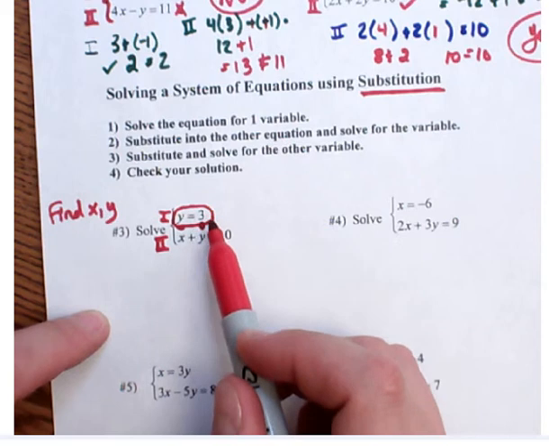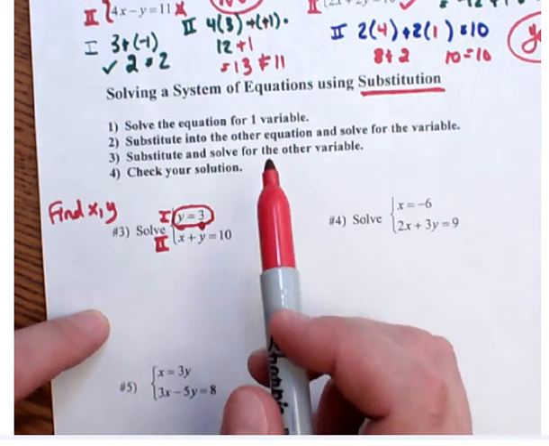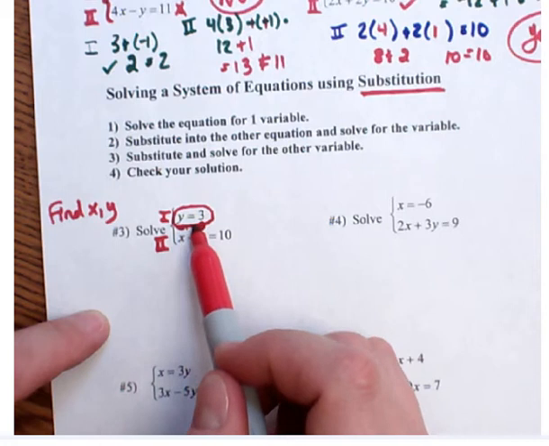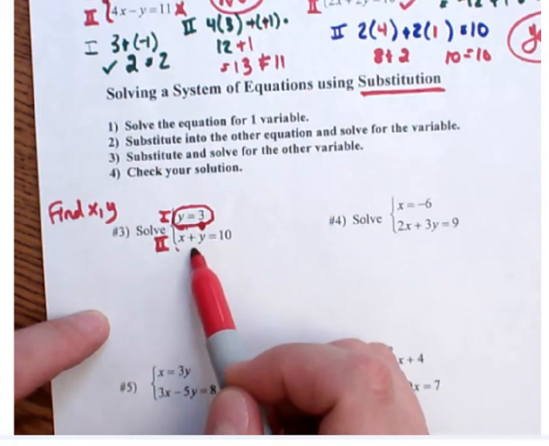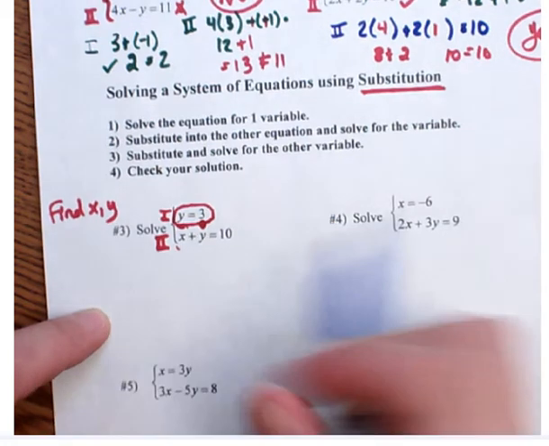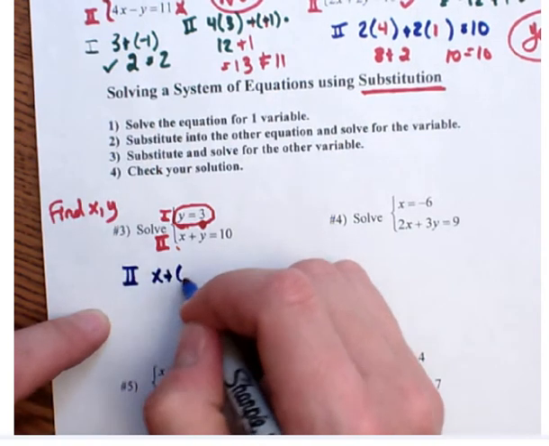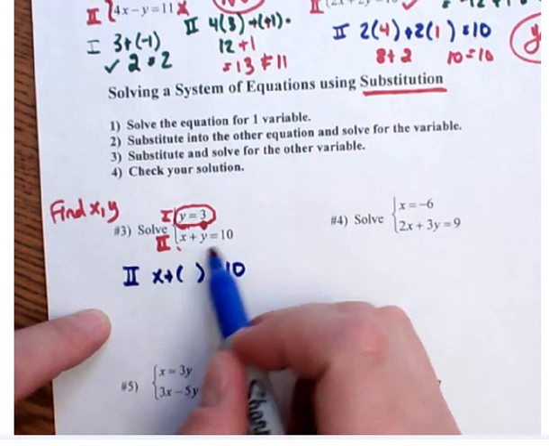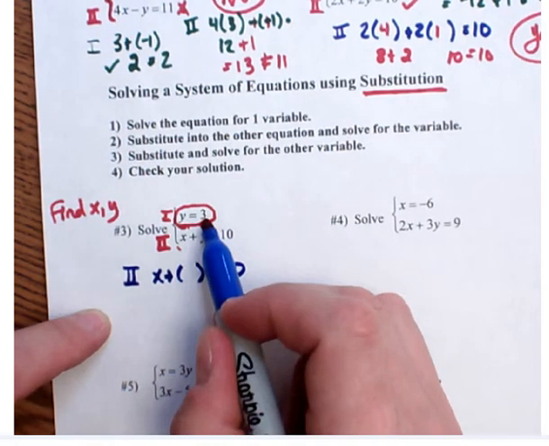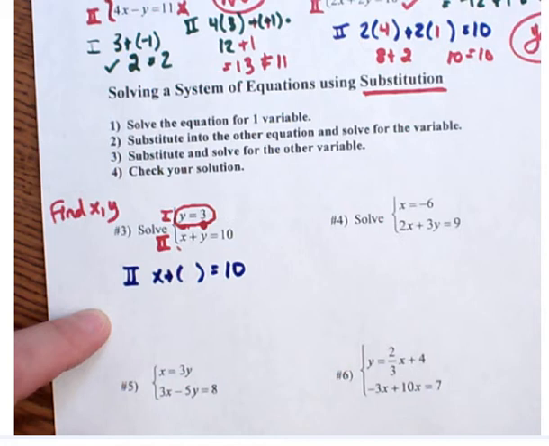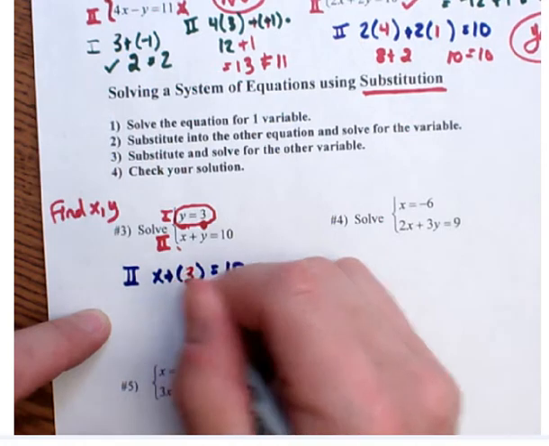So here's what we do. We're going to take this y value and substitute it into the second equation. So I'm going to take equation 2, which was x + y = 10. But instead of y, what can we substitute? y is equal to 3. So I'm going to take a 3 and put that in the parentheses.